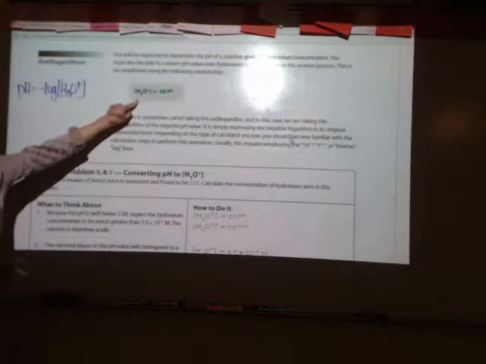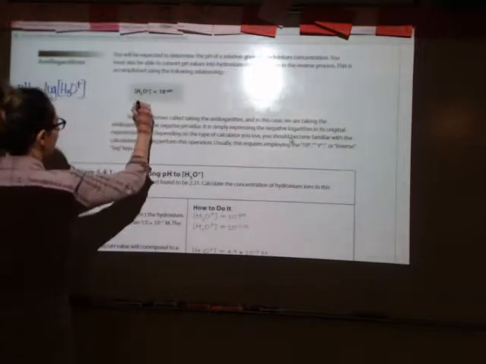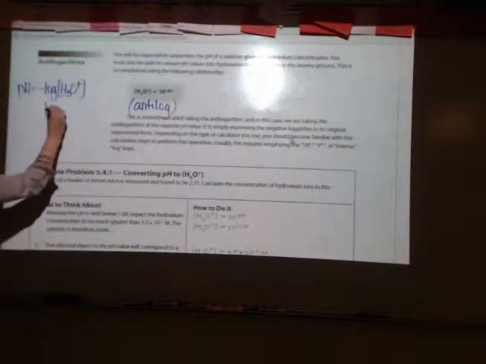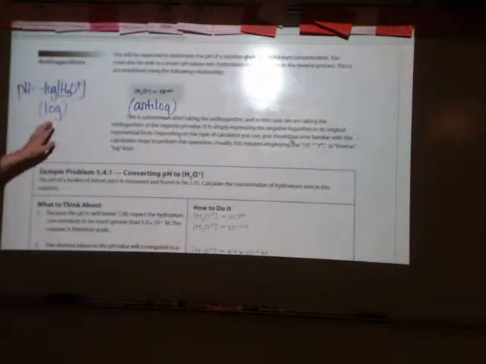So if you're given the pH, you can calculate the hydronium ion concentration. So it would be 10 to the negative pH. So this is your log equation. This is your antilog equation.